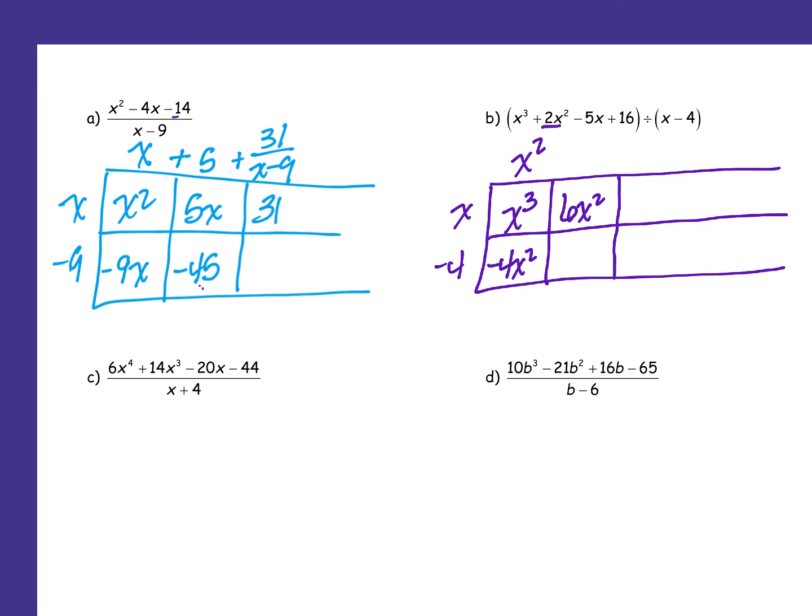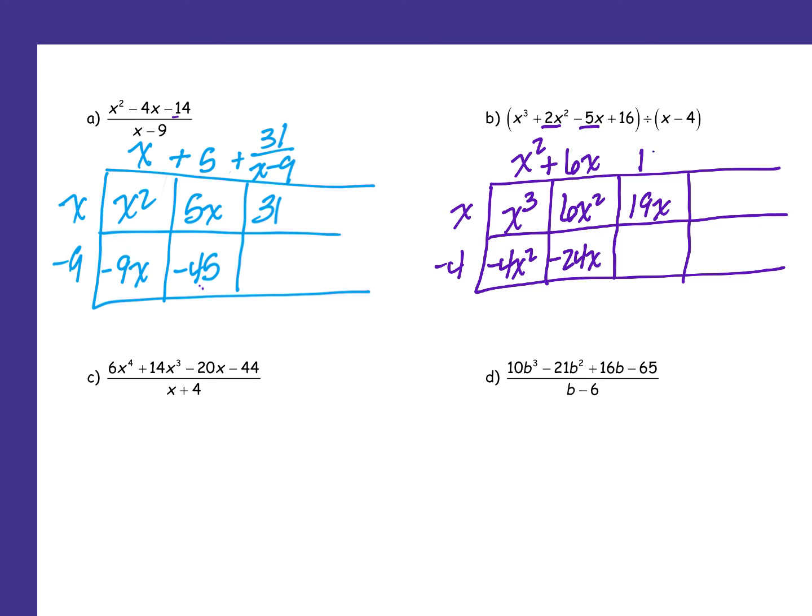And then this would be positive 6x. And 6x times negative 4 is negative 24x. And what do I add to negative 24x to get negative 5x? 19x. Yeah, 19x. Great.